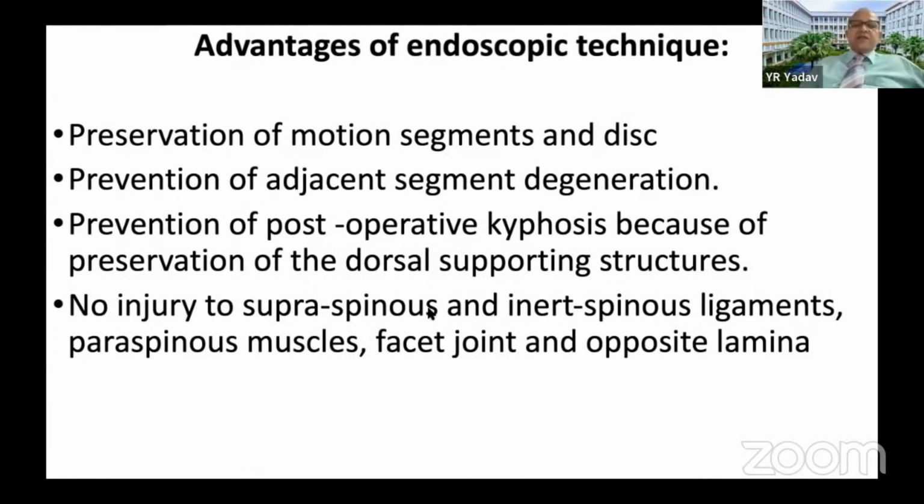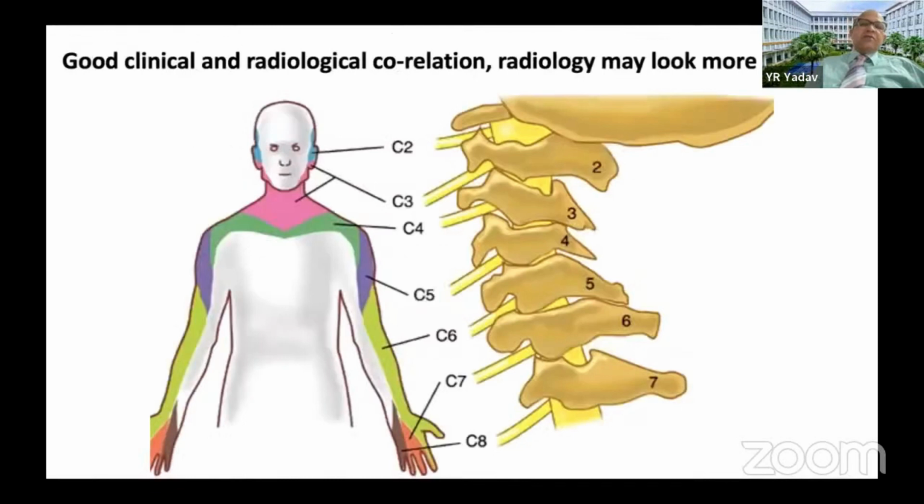So these structures, majority of them are well preserved, and therefore the chances of developing post-operative kyphosis as we come across in open laminectomy is almost zero. So it preserves the ligaments and it preserves the muscles and the facet joint on opposite side and the lamina of the opposite side also.